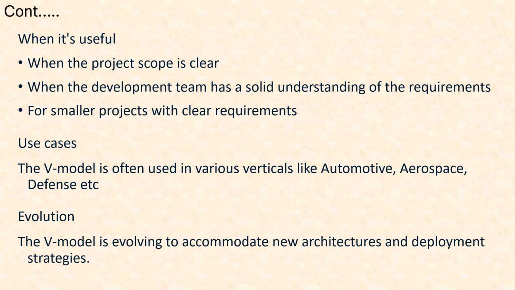As useful as it is, the V model has its own limitations. The main limitation is that the V model is extremely useful only when the project scope is clear. If the project scope is not clear, using the V model may not be very beneficial and it may be counterproductive. So, make sure the project scope is very clear, what exactly you are trying to develop.